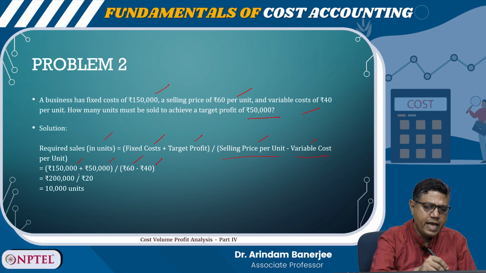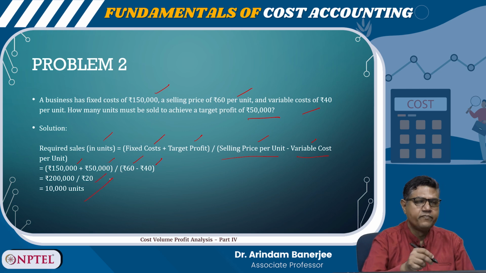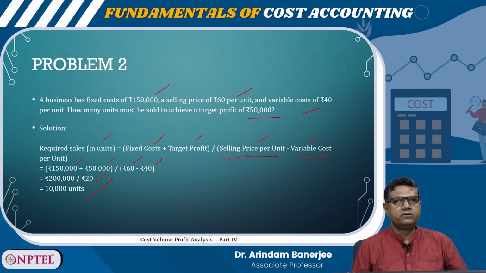Rupees 2 lakh divided by rupees 20 is 10,000 units. So, the company needs to sell 10,000 units to achieve a target profit of rupees 50,000 if the fixed cost is rupees 1,50,000, the selling price is 60 rupees per unit and variable cost is 40 rupees per unit.